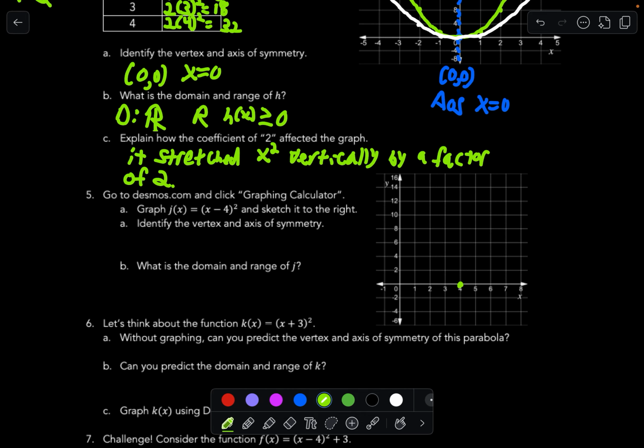So we start at 4, 0. We go over 1. 1 squared is 1. We go up 1. We go over 1, 2. 2 squared is 4. We go up 4. We go over 1, 2, 3. 3 squared is 9. We go up 9. All right, and we go in both directions.